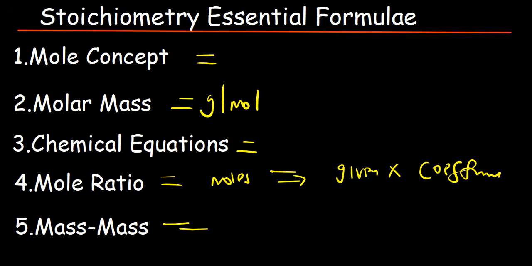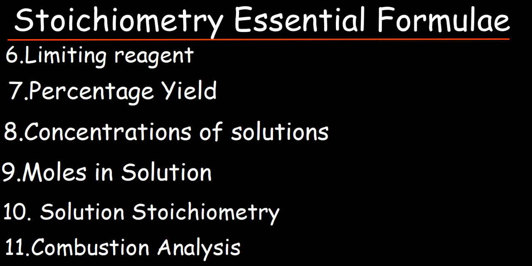Then we also talked about the limiting reagent. Here we convert all reactants to moles. After you've done that, you compare using mole ratios. The reactant that produces less product is what we call the limiting reagent. Then percentage yield is the actual yield over the theoretical yield times 100%.